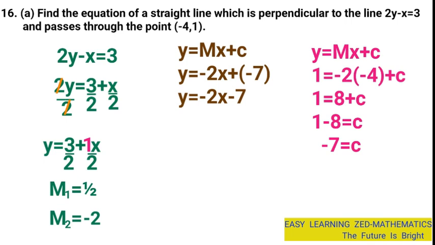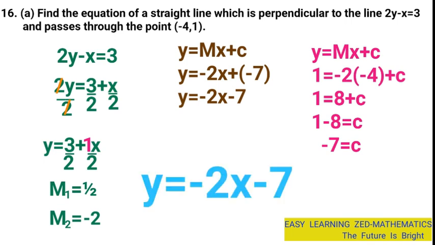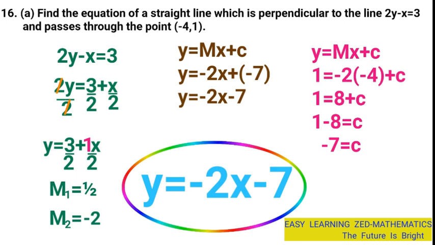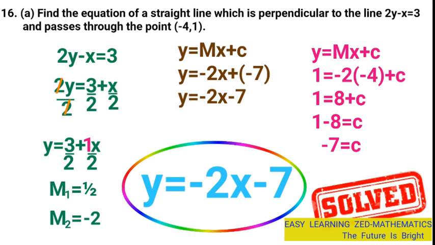That is the equation for a straight line which is perpendicular to the line 2y minus x is equal to 3. So the equation we have found is this one in the circle, y is equal to negative 2x minus 7. So this was the correct answer. Let's go to the next question. This one is solved.